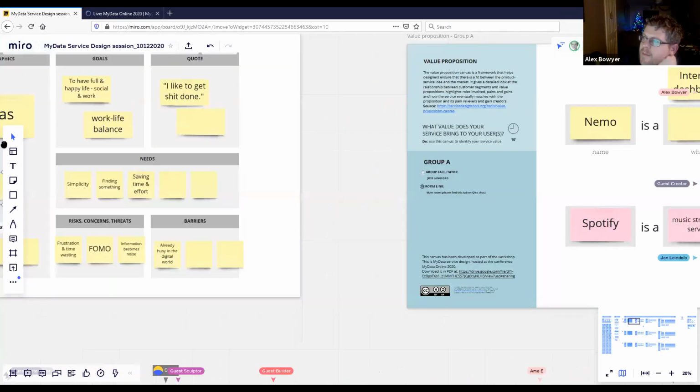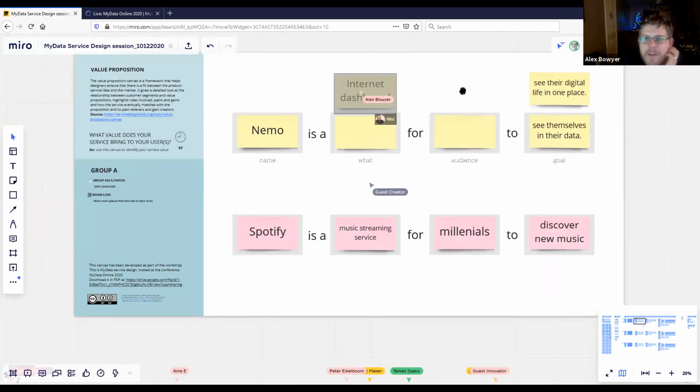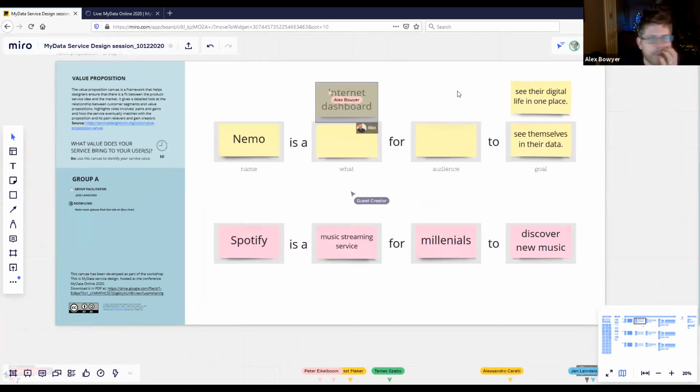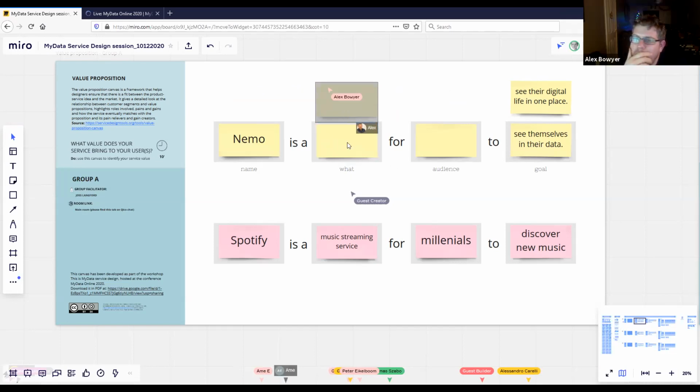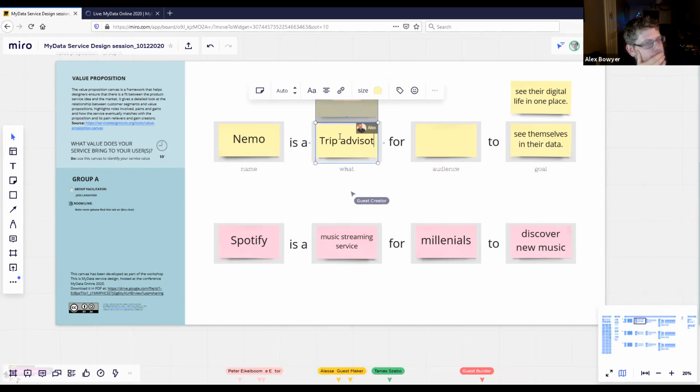So it's like, and then maybe you can draw some analogies from the holiday industry. So it's like TripAdvisor for your own data or something. There you go. I like that. TripAdvisor for your own services. Not quite, is it? But would be an equivalent. I like that a lot.